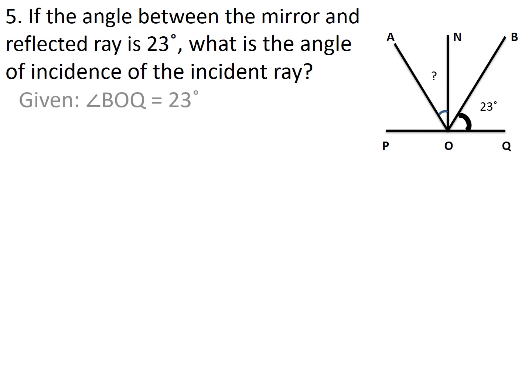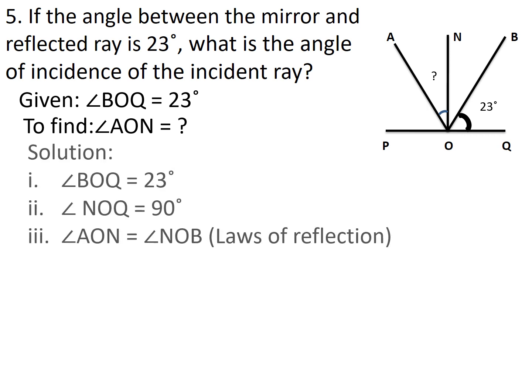So what's given? Given is BOQ is 23 degrees. What are we supposed to find? AON is question mark. What is the solution we have got? We have three solutions. First, BOQ is 23, which is already given to us.